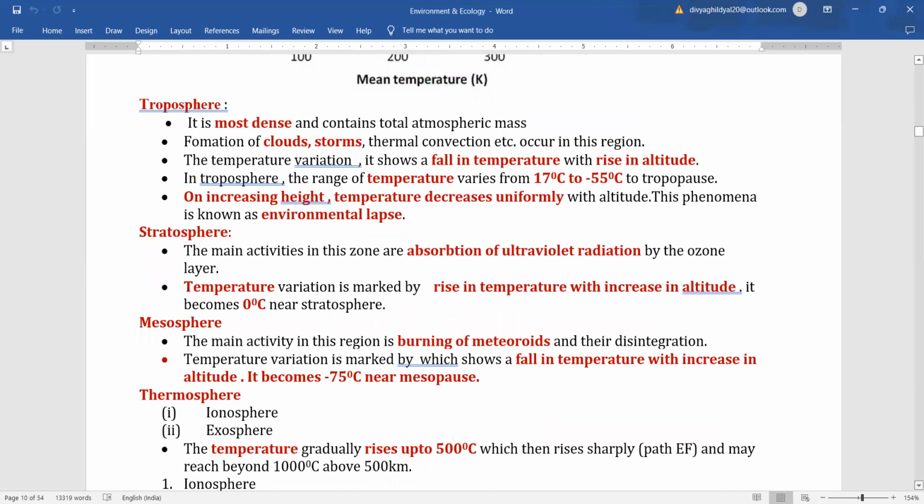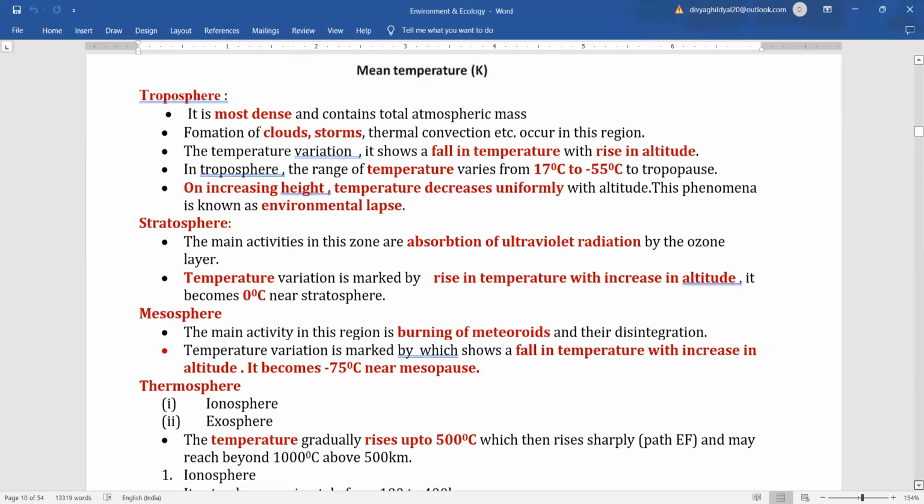Mesosphere: the main activity here is burning of meteoroids and their disintegration. Temperature variation is marked by a fall in temperature with increase in altitude.